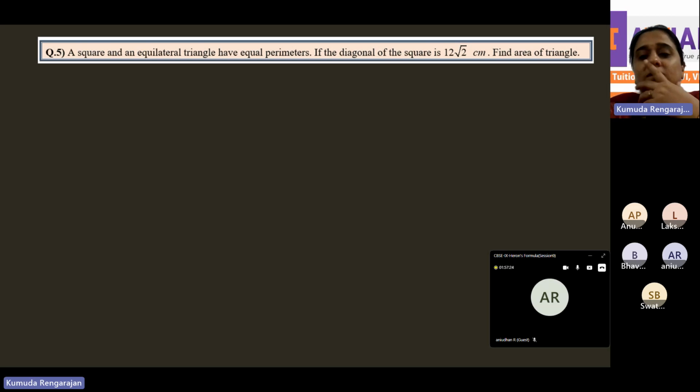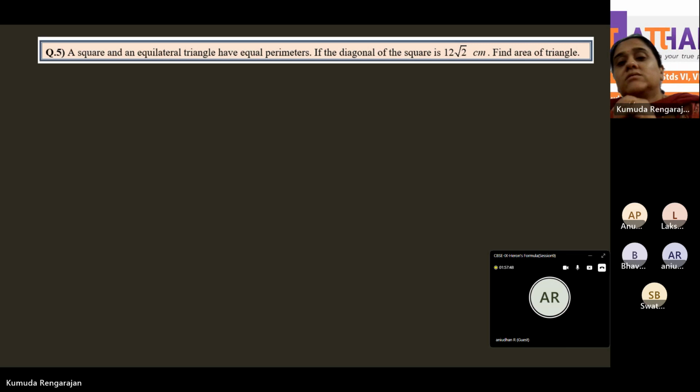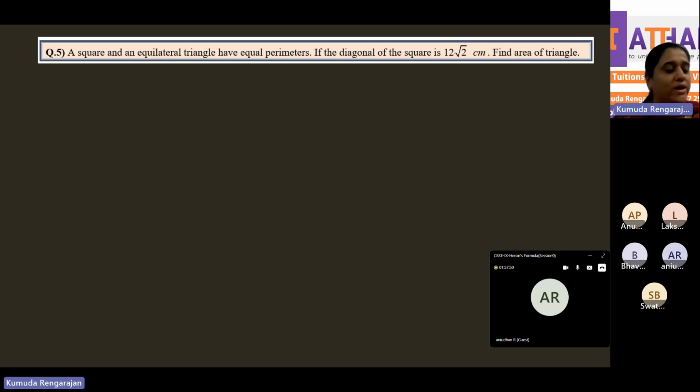Okay, Aniruddhan, what is 12 root 2? What does 12 root 2 represent in this question? It is the length of the diagonal of the square, ma'am.